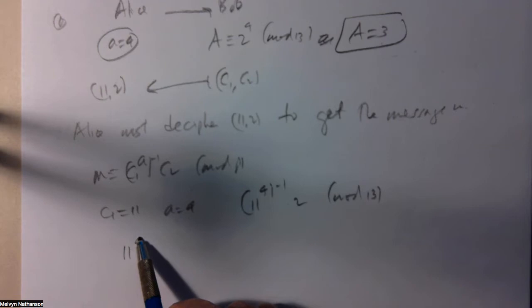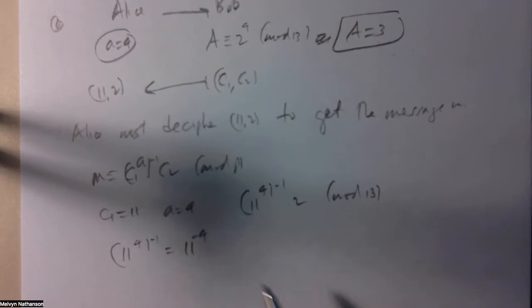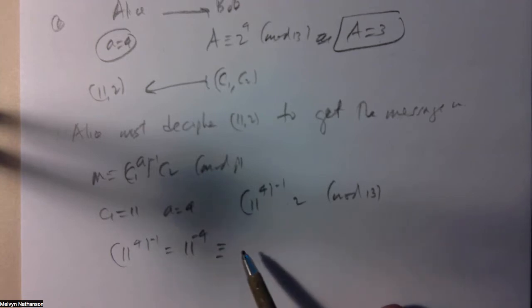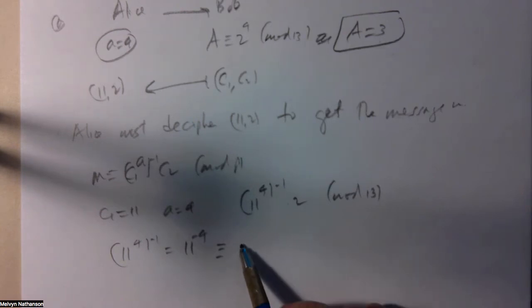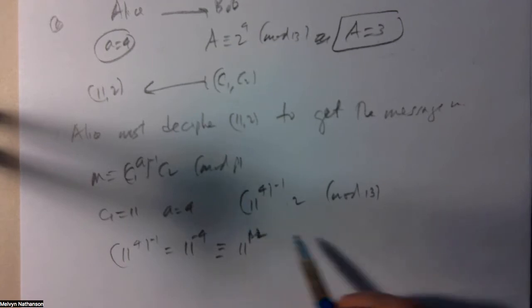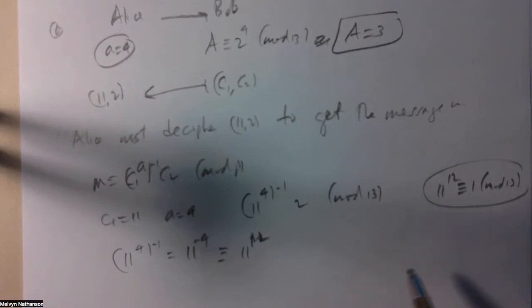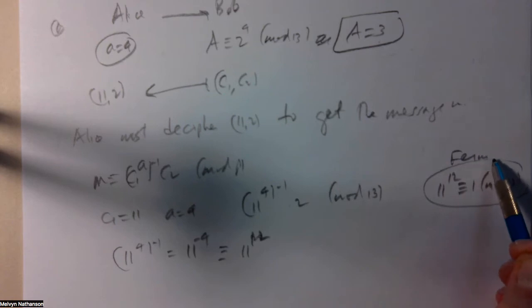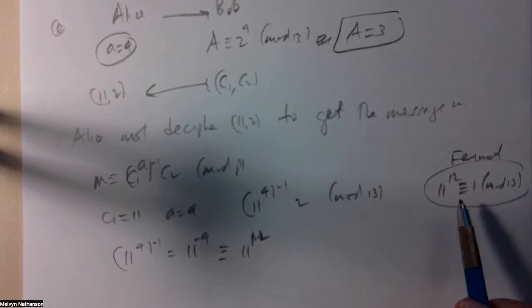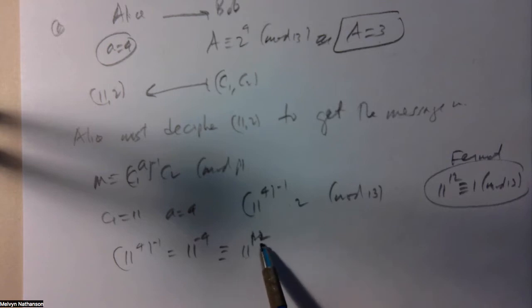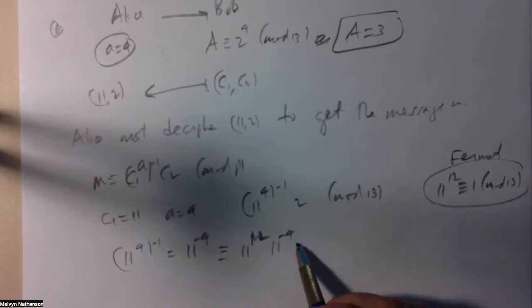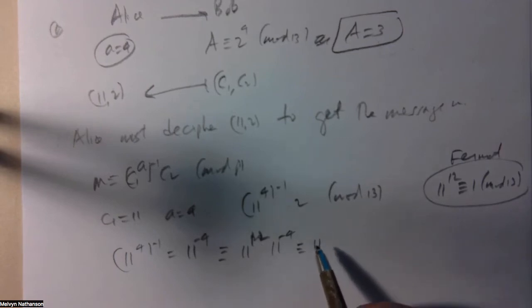Using the fact that 11 to the 4th to the minus 1 is 11 to the minus 4th power, which is congruent to, I multiply this by 11 to the 12th, because 11 to the 12th is congruent to 1 mod 13, by Fermat's little theorem. So you can always multiply by 1, which is 11 to the 12th. So 11 to the 12th times 11 to the minus 4th. So you want to calculate 11 to the 8th.